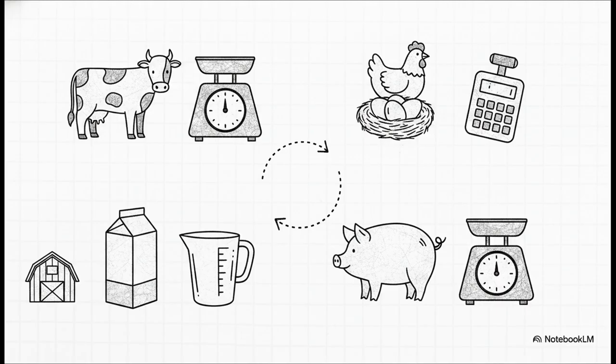Plus, the standard dictates that the units of measure have to be appropriate to the product. We're talking metric tons for pork, head count for livestock, or liters for dairy. Crucially, it also requires companies to disclose the percentage of this production that's outsourced to contract farmers. That gives investors a really clear view of the company's direct versus indirect impact scale.